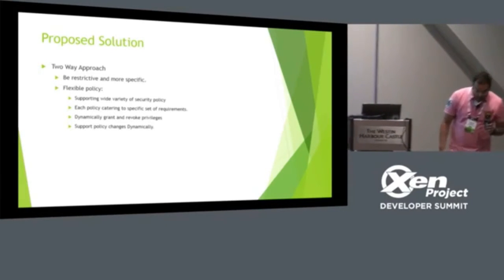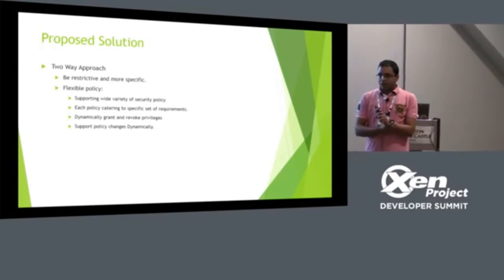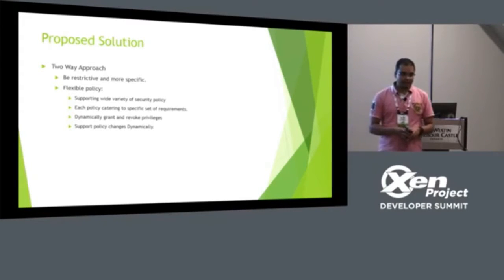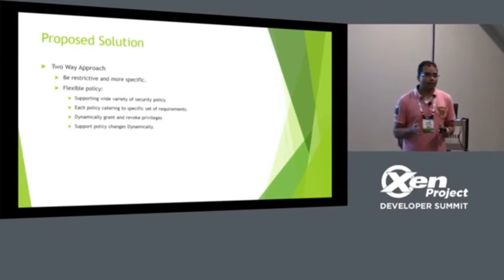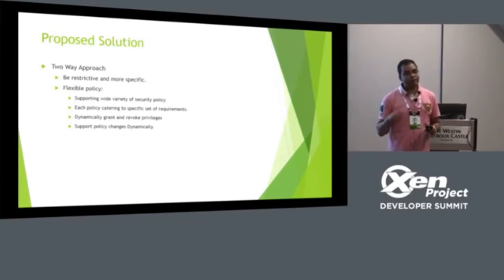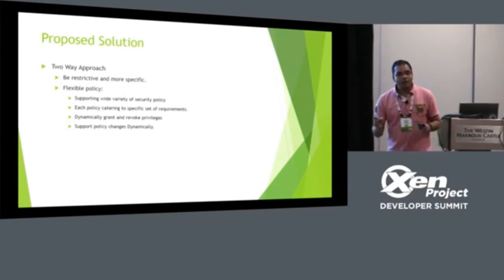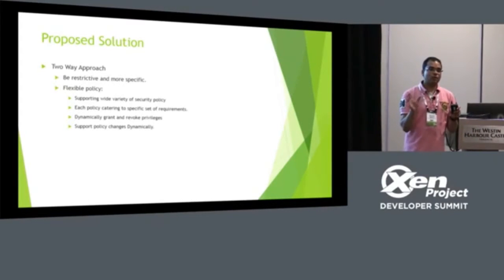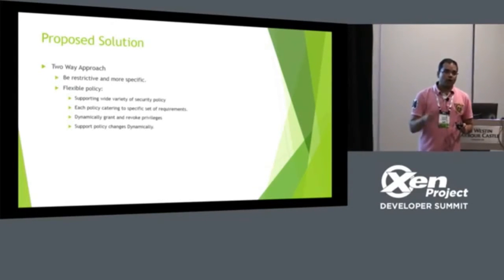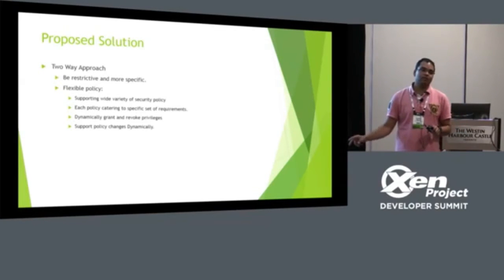Why? Because in the present architecture, we can't modify it; every time it has to be compiled and loaded again. Now, if we are going into an architecture where you have a specific set of policy catering to a specific set of requirements, a domain right now requires a certain access to a certain resource.